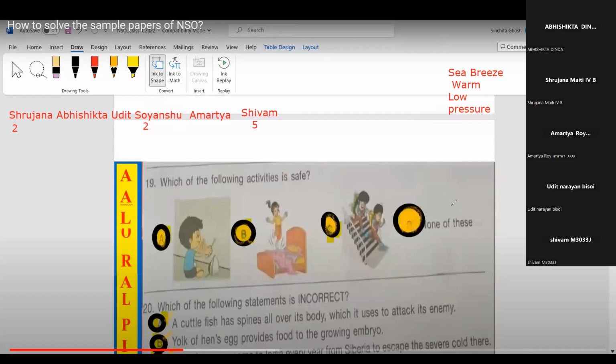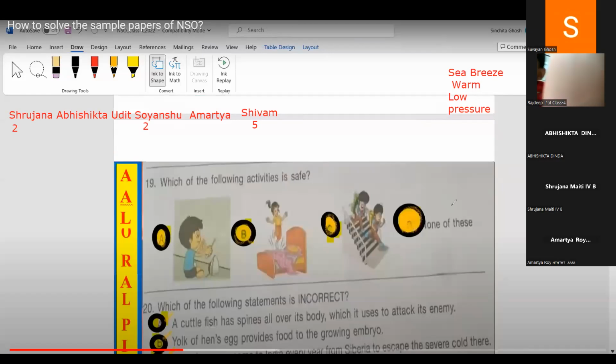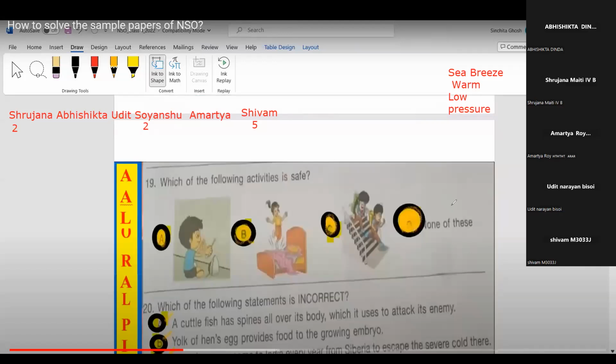Can I answer? Wait, Srujana, you can answer. Udit and Shivam, is it clear to you? No, ma'am. Rajdeep, is it not clear to you? To whom is it not clear? Is it Shivam, Udit or Rajdeep?